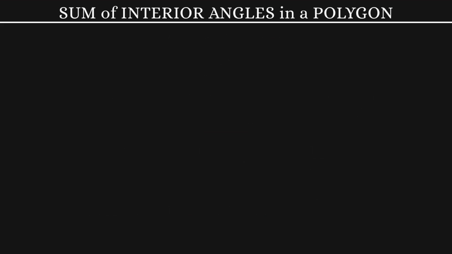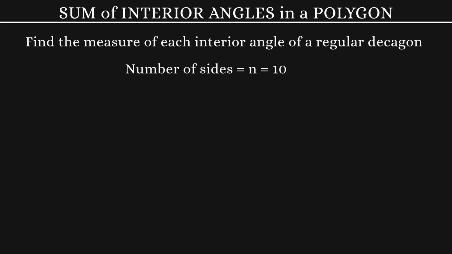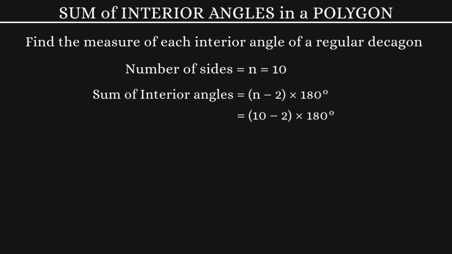Next, we'll answer this question. Find the measure of each interior angle of a regular decagon. For a decagon, the number of sides n is equal to 10. So the sum of interior angles will be (n minus 2) into 180 degrees. 10 minus 2 into 180, which is 8 into 180 or 1440 degrees.